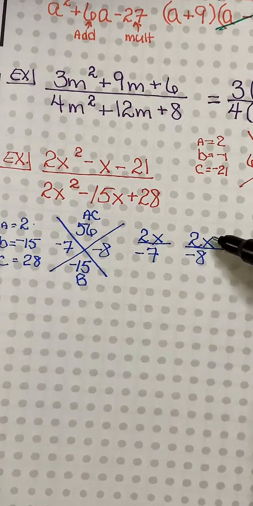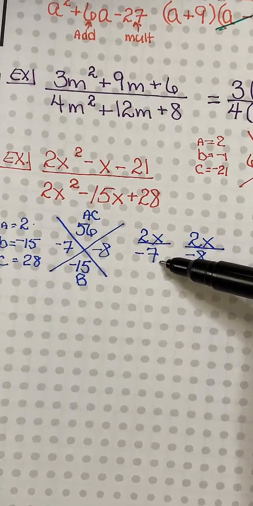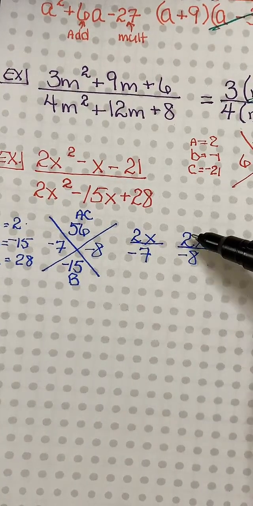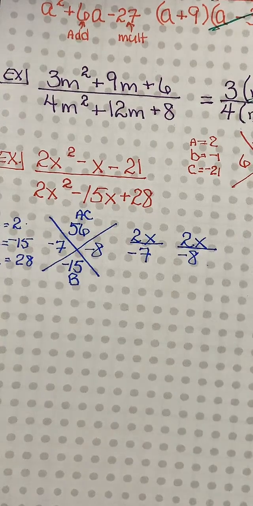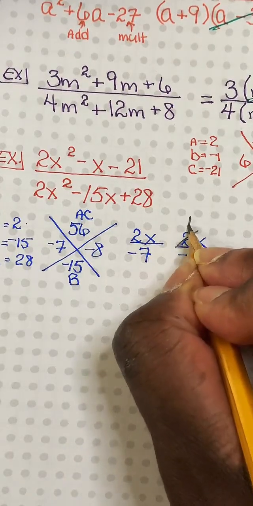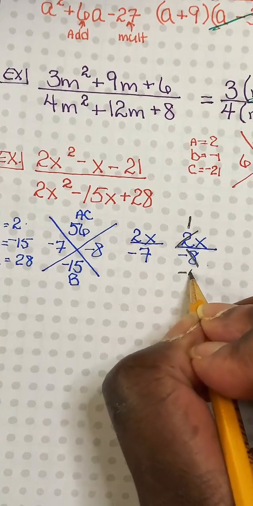Now we look to reduce the fractions. 2x and negative 7 are both prime, so that doesn't get reduced. But the 2 and the negative 8 can be reduced by 2. So this 2 is now a 1, and this negative 8 is a negative 4.